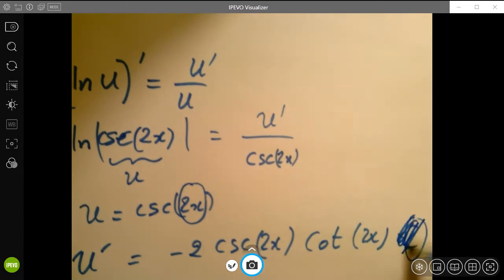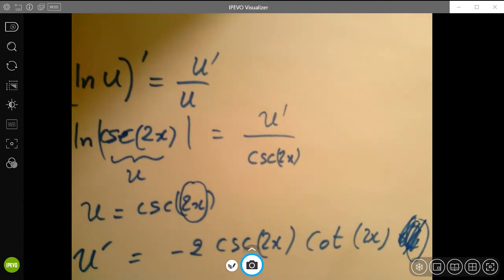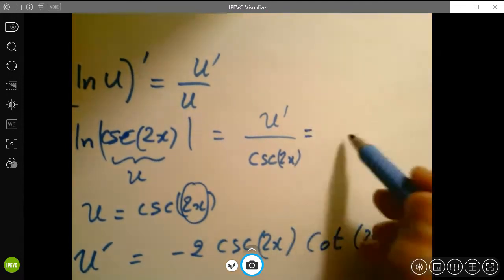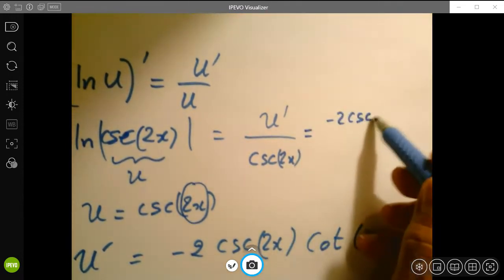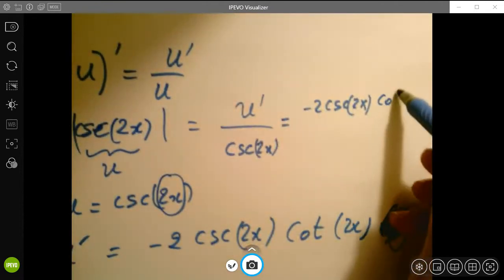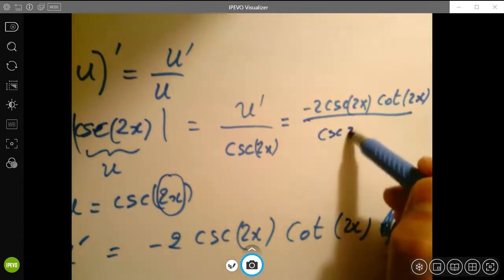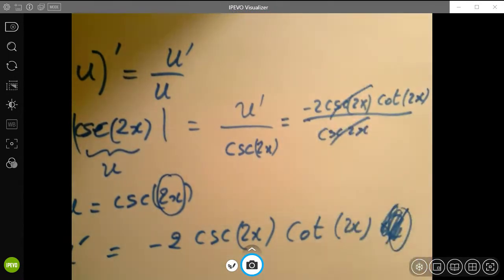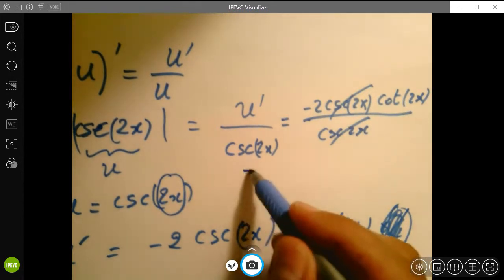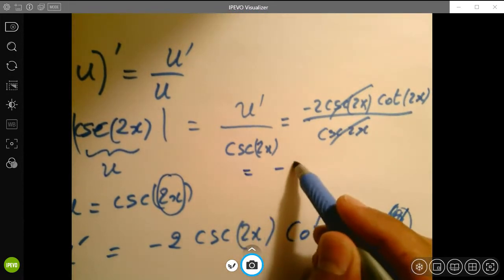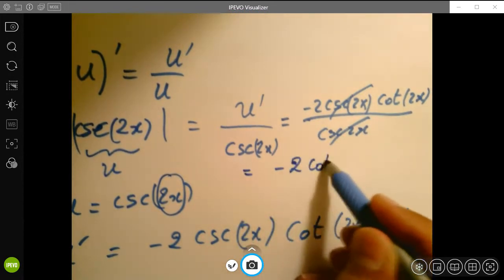So now if you do the math here, you will get minus 2 cosecant cotangent, then you cancel this one. So the derivative will be just minus 2 cotangent of 2x.